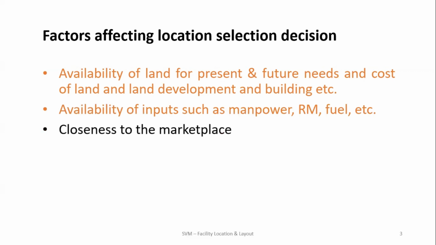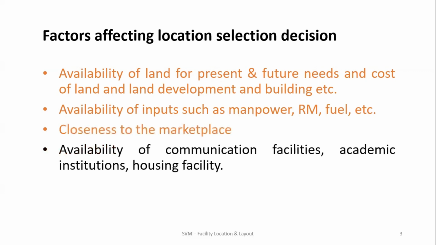We need to be close to the marketplace where we are planning to sell. Availability of communication facilities, academic institutions, and housing facilities so that we are able to get the right manpower who require all these services.